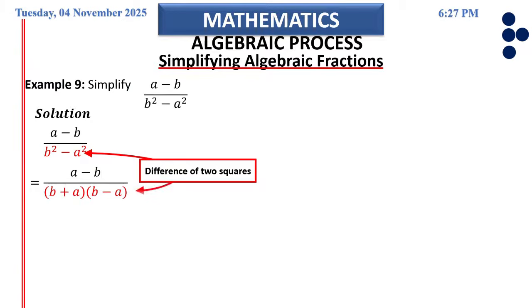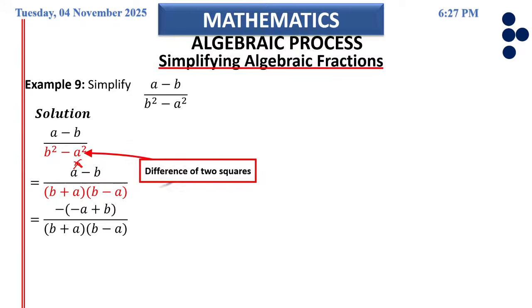Normally, the reason why we do this is so that it will aid the simplification process. But if you look at this very well, nothing is still simplifiable. This a minus b and this b minus a are not the same thing. So we want to rewrite this in a way that will help us factorize.